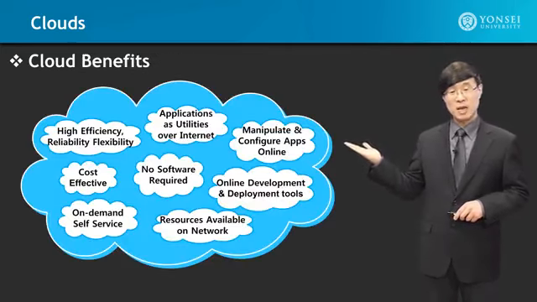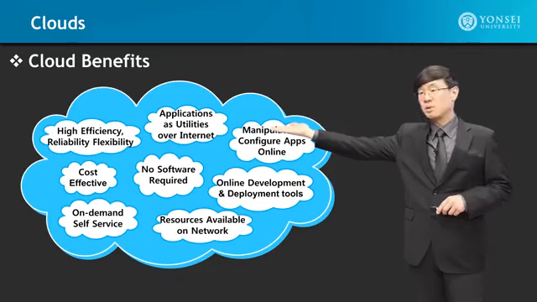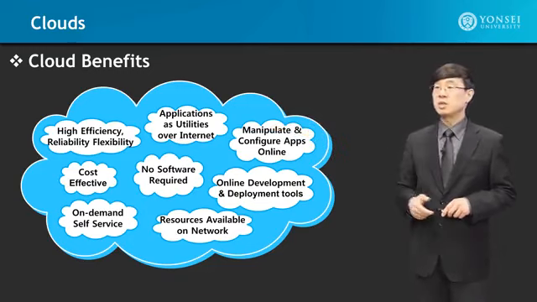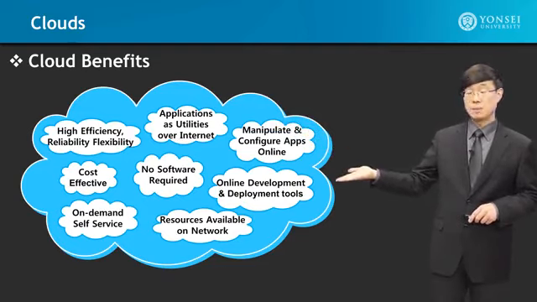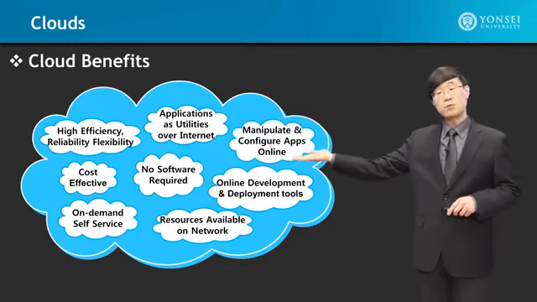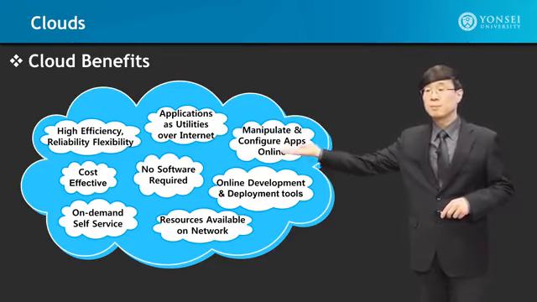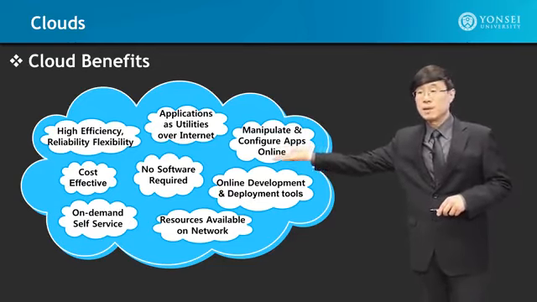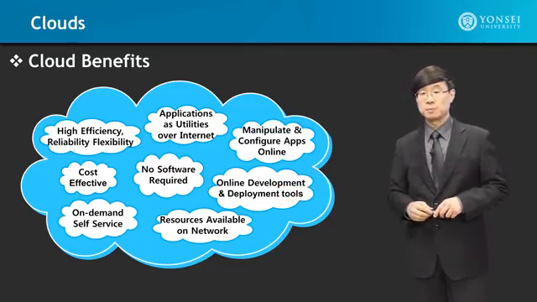What benefits do you get from cloud computing technology? High efficiency and reliable flexibility. Applications as utilities over the internet, manipulate and configure apps online, online development and deployment tools. No software required because you can get whatever you need when you need it on demand. Cost effective, on-demand self-service, and resource available on network.